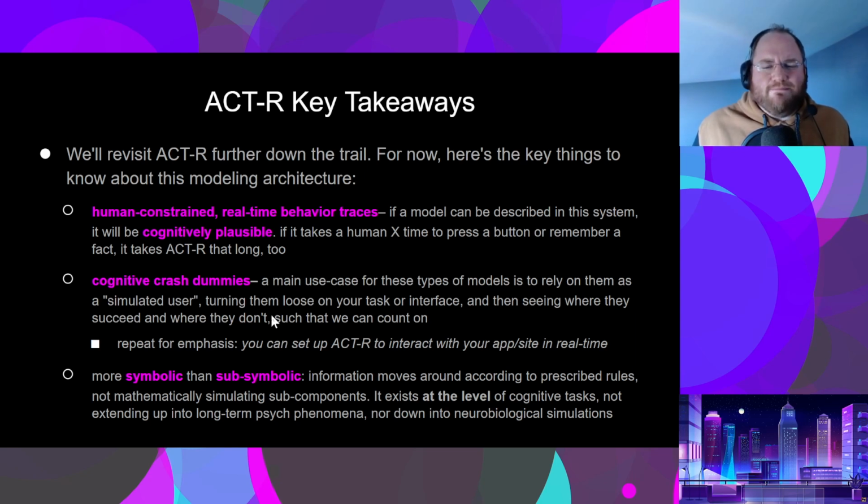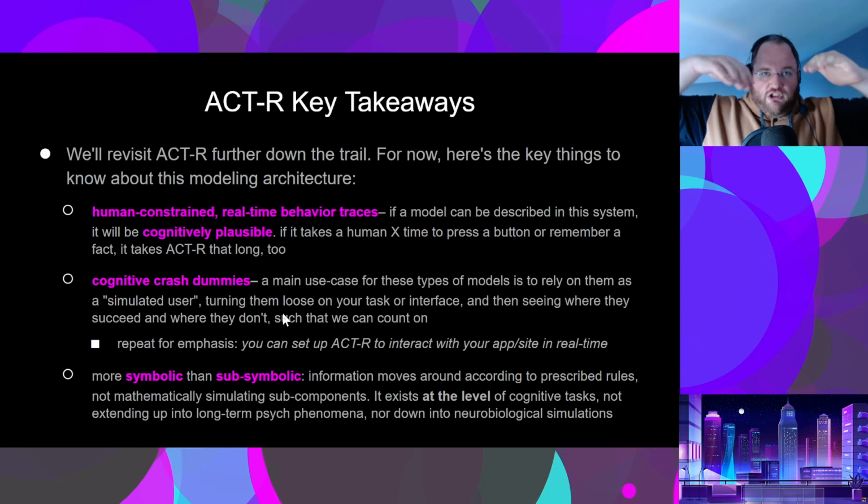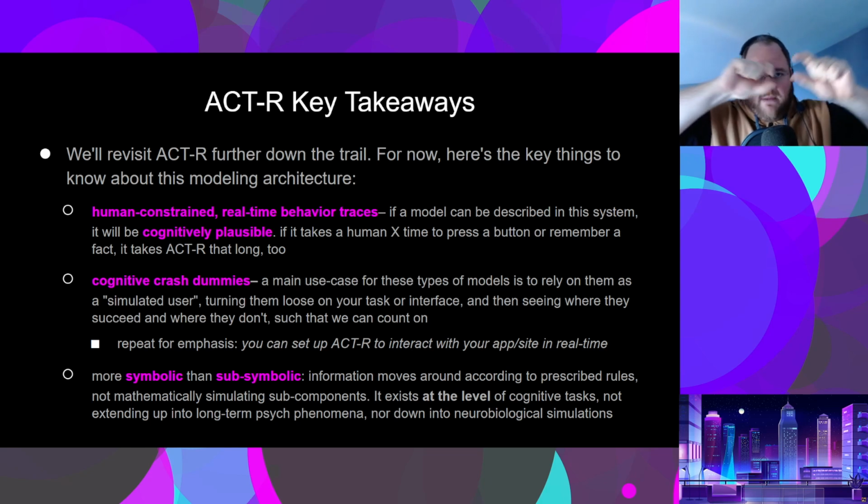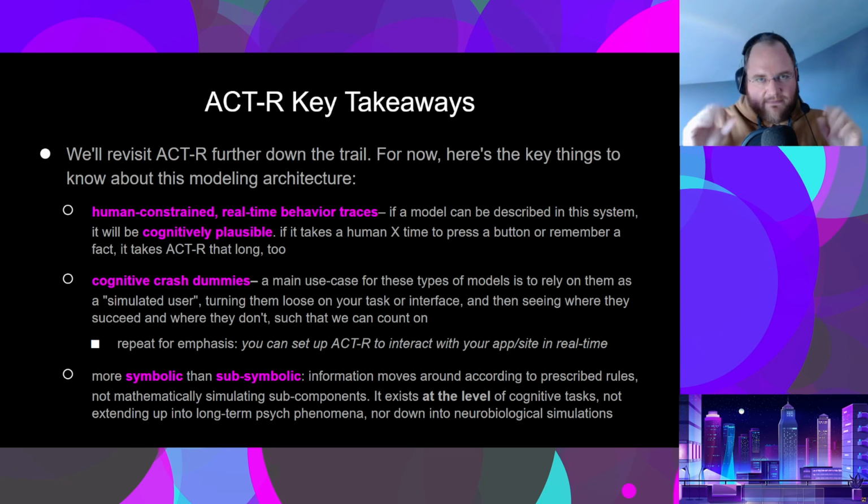And the last bit is just a general modeling thought. This is a more symbolic system than a sub-symbolic system. It doesn't rely on a lot of low-level computations of simulated pieces, like little artificial neurons or things like that, like in maybe Spaun or AI. It's more symbolic. It's like, okay, the rules are you can move this information like this. If you move it this way, this will happen, right? It's all at the symbolic level. And that's what makes it fast.